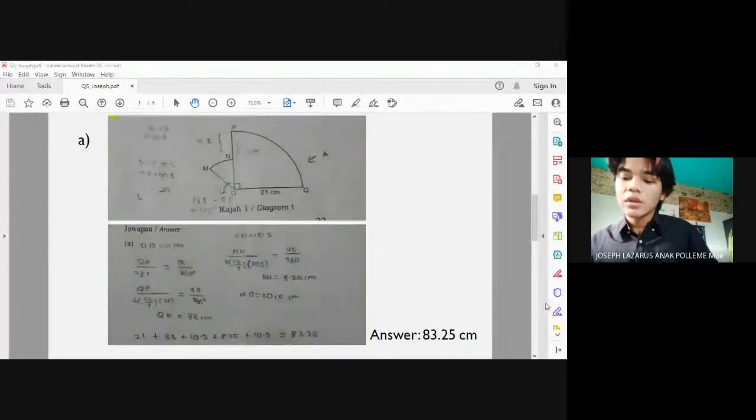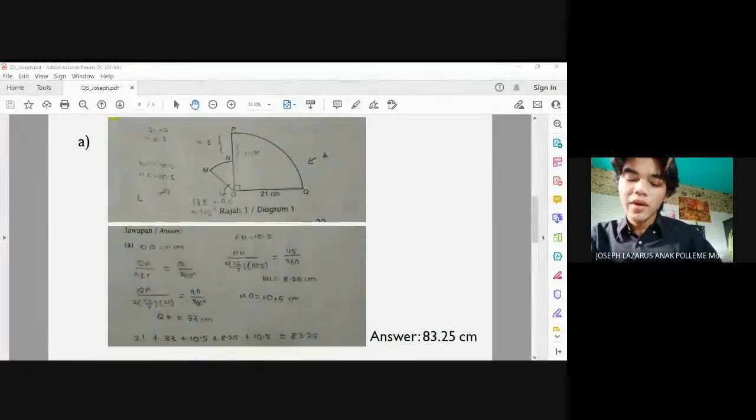QP equal to 33 cm. Same formula used to find NM. So NM equal to 8.25 cm.